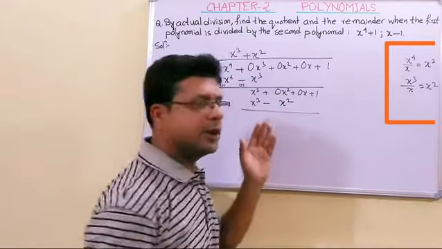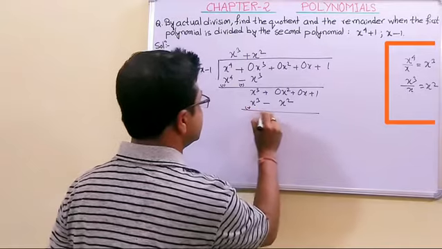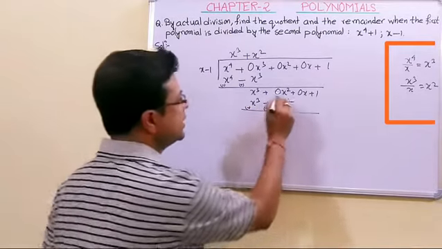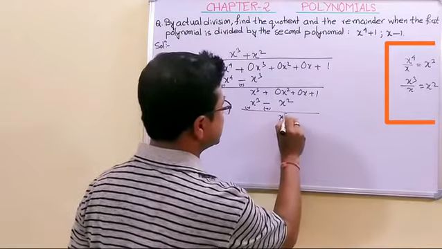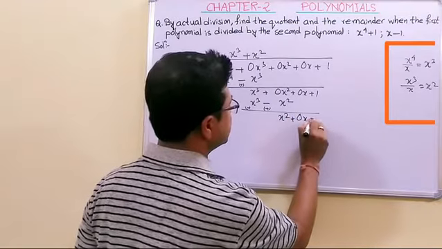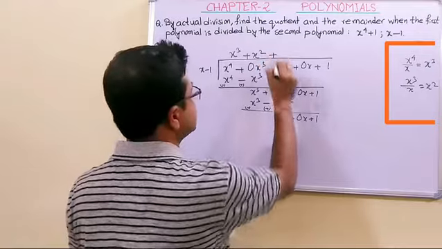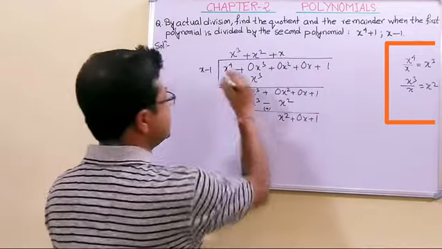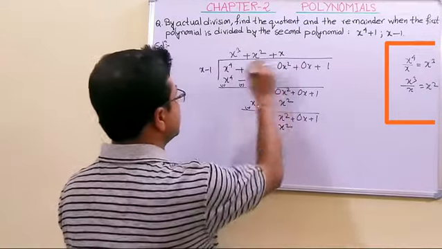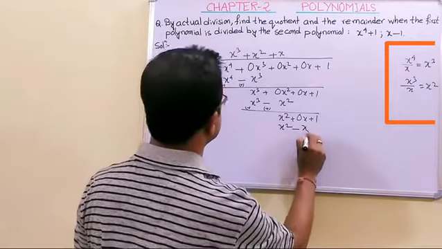Alright, now what we will do? We shall subtract. Sign will get changed, this will get cancelled. 0x square plus 1x square is 1x square. This is 0x, this is 1. This is x square, this is x. So obviously it will be plus x, because x into x is x square, plus minus minus x.